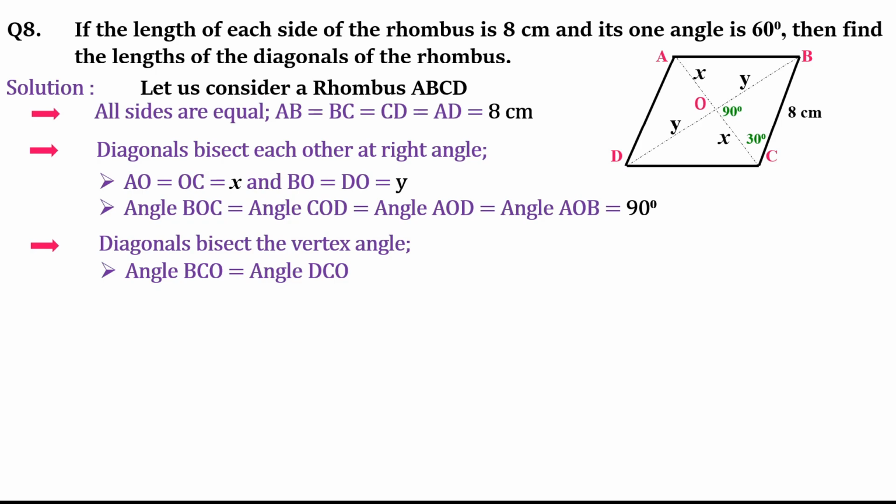That means angle BCO is equal to angle DCO, and 60 degree gets bisected into two equal parts, that is 30-30. So now in triangle OBC, I know the angle C is 30 degree. So I can see in the figure there are four triangles being formed. I am focusing only on one of the triangles, that's why I have taken BC as 8, OC as x, OB as y, and angle BOC I have marked as 90.